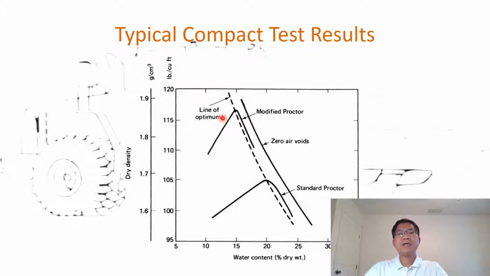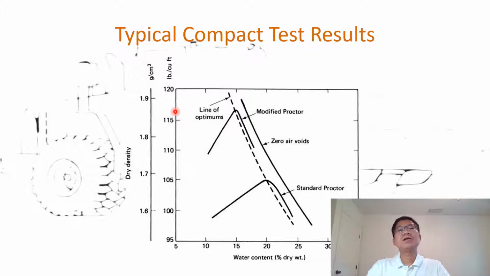And as you can see, it's not surprising, because the compactive effort in the modified Proctor test is 4 times as great as the standard Proctor test. So we need less water content and achieve a higher dry density. For example, here it only needs 15% water content, and with that same soil we can achieve about 117 pounds per cubic foot.